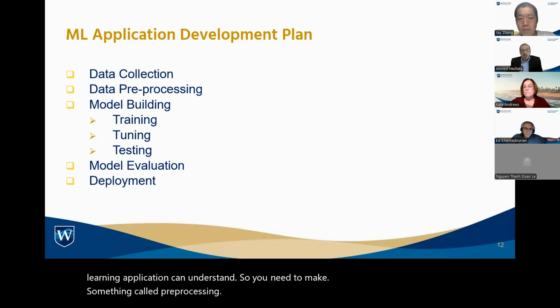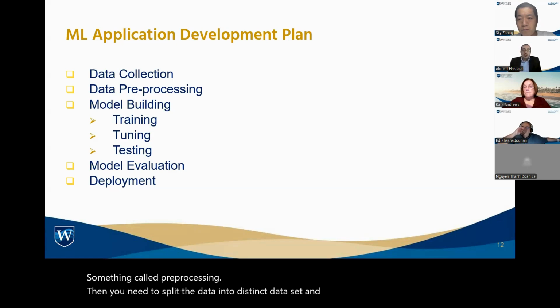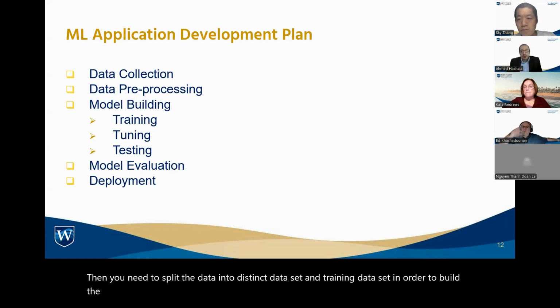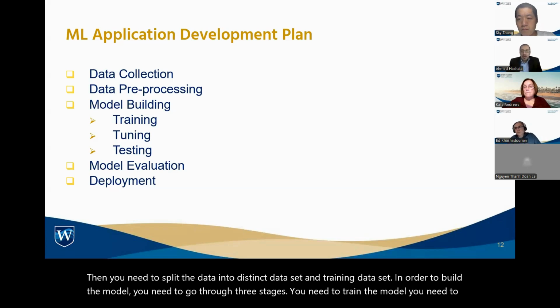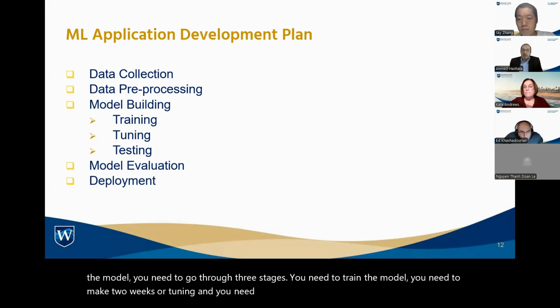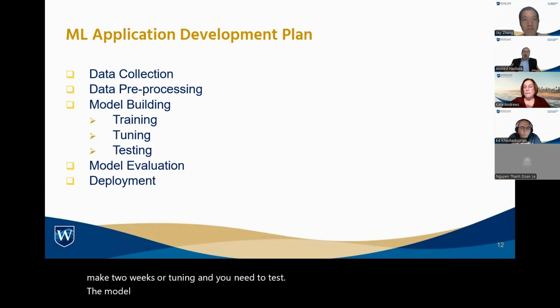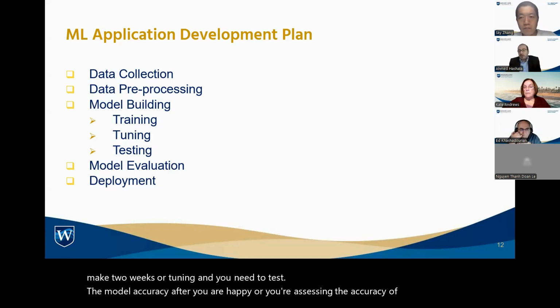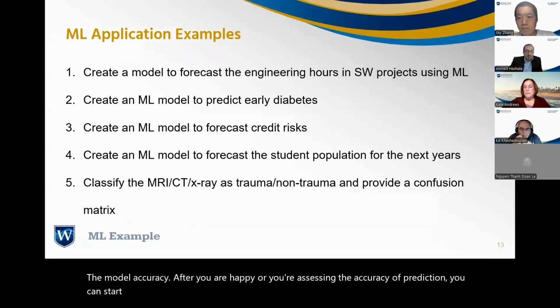Then you need to split the data into a testing data set and a training data set. In order to build the model, you need to go through three stages. You need to train the model, you need to make tweaks or tuning, and you need to test the model accuracy. After you are happy with the accuracy of prediction, you can start deployment.